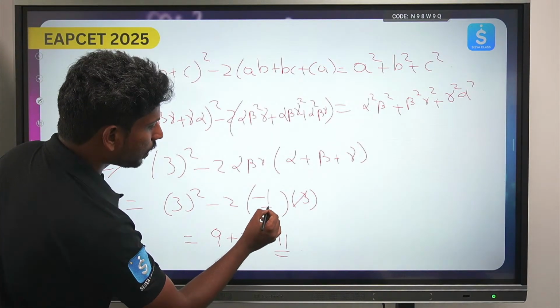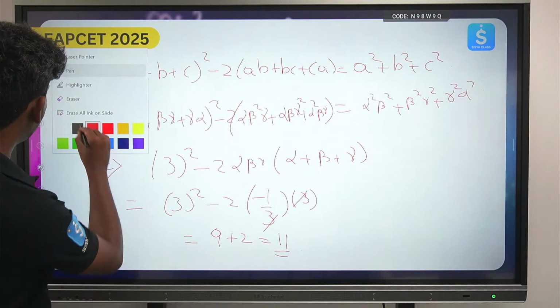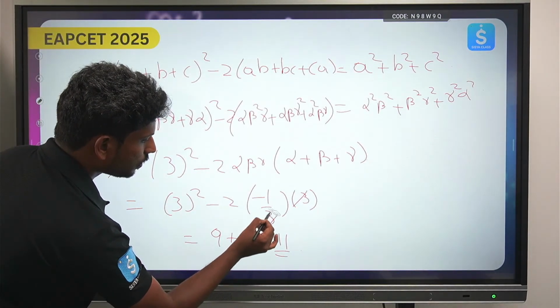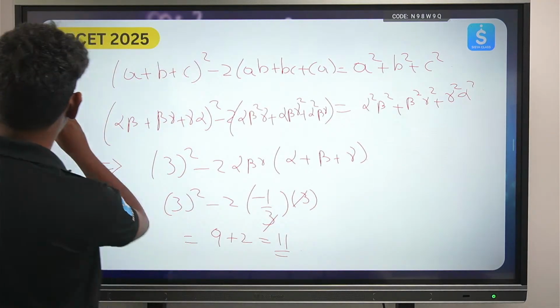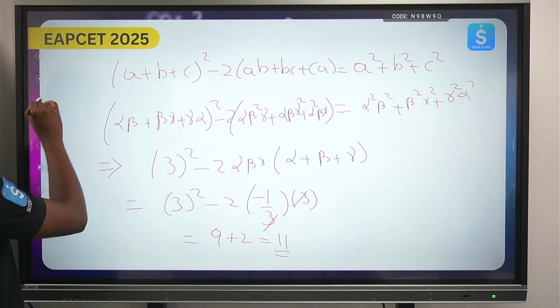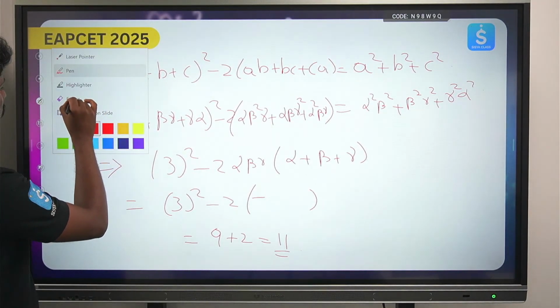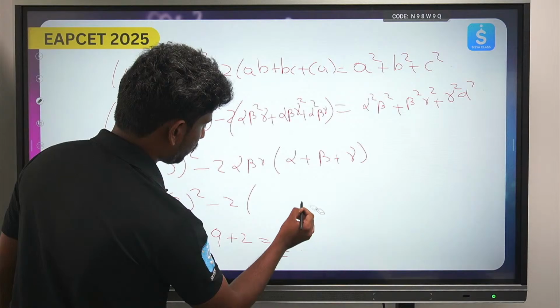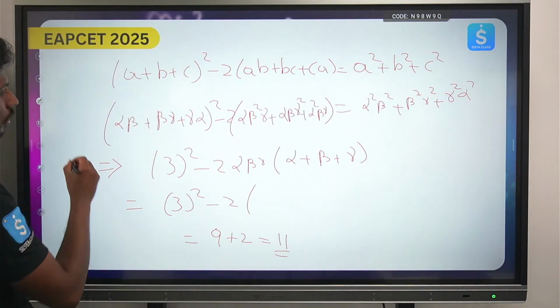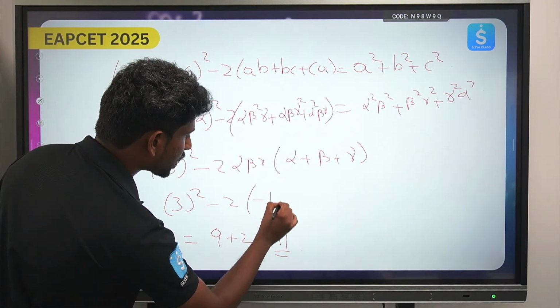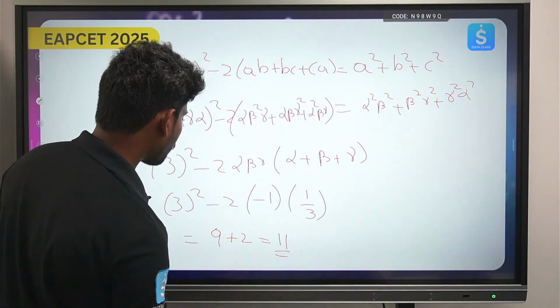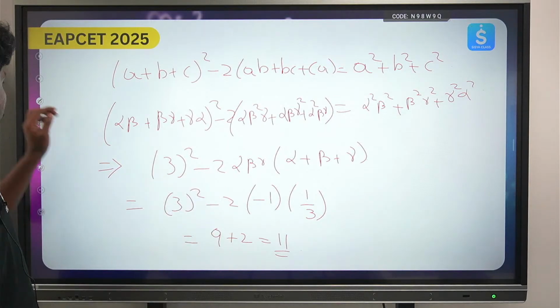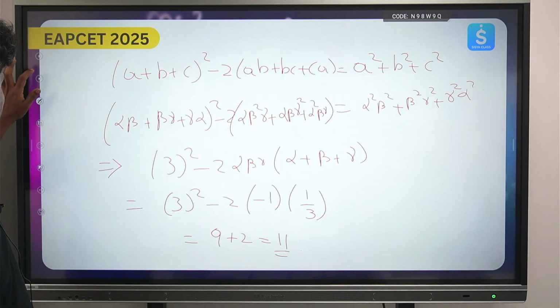So I will just try to erase here. This will become just minus 1 plus 1 by 3, and this is also not 1 by 3, sorry.